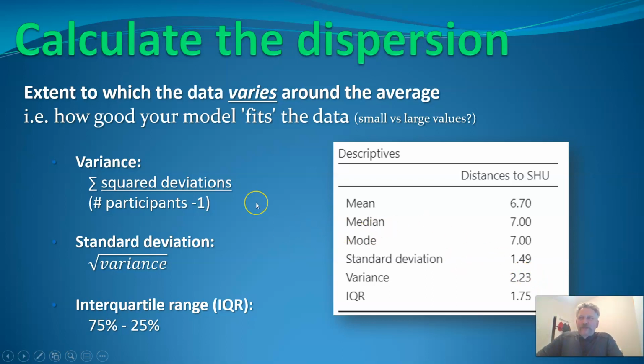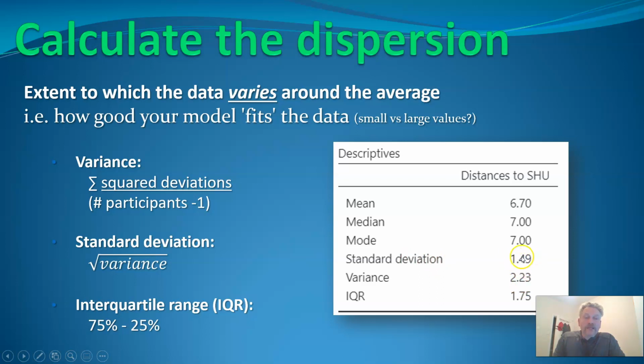But the problem with talking about squared deviations is that it's not very intuitive. So instead, rather than talk about the variance, what we can do is talk about the standard deviation. So just find the square root of that variance, which gets rid of the squared deviations. And so here with the standard deviation, all we've done is taken the square root of the variance.